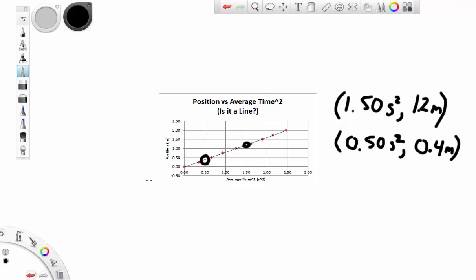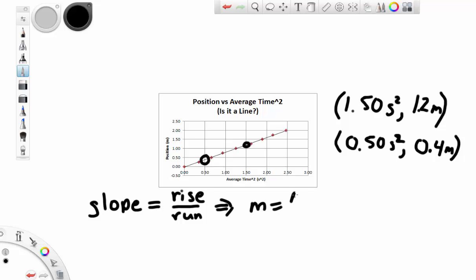Okay, so if I want to find the slope, it is given by rise over run. And rise over run symbolically looks like slope equals delta y over delta x. So whatever's on the y-axis, position, and whatever's on the x-axis, time squared.